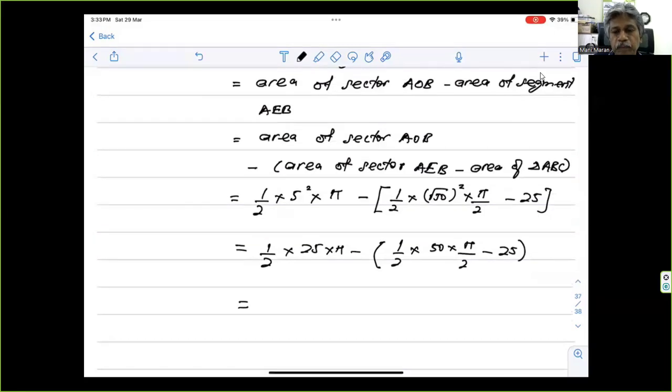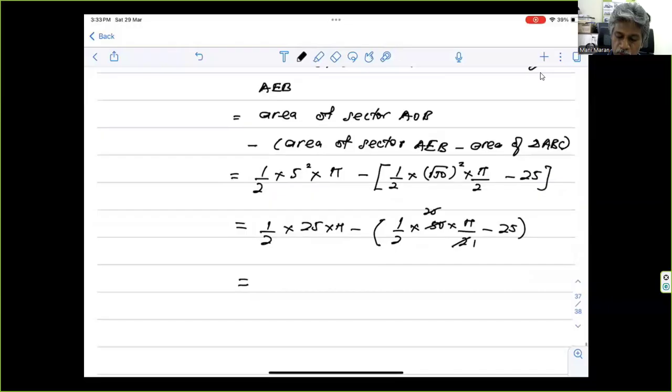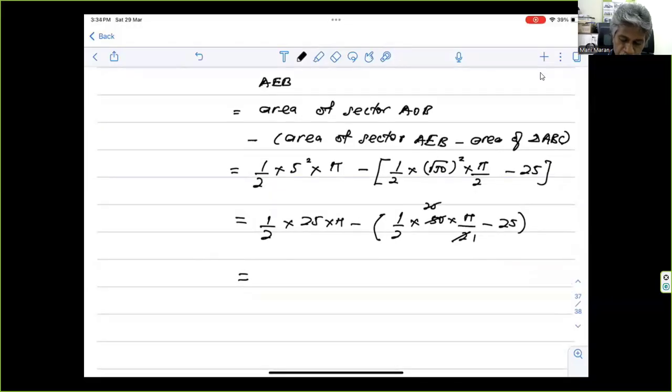Okay. So you notice that here we can cancel this 2 and 50. Divide by 2 will give you 1. Divide by 2 will give you 25. So when you remove the bracket, you'll get 1 over 2 times 25 times pi minus 1 over 2 also 25 times pi.